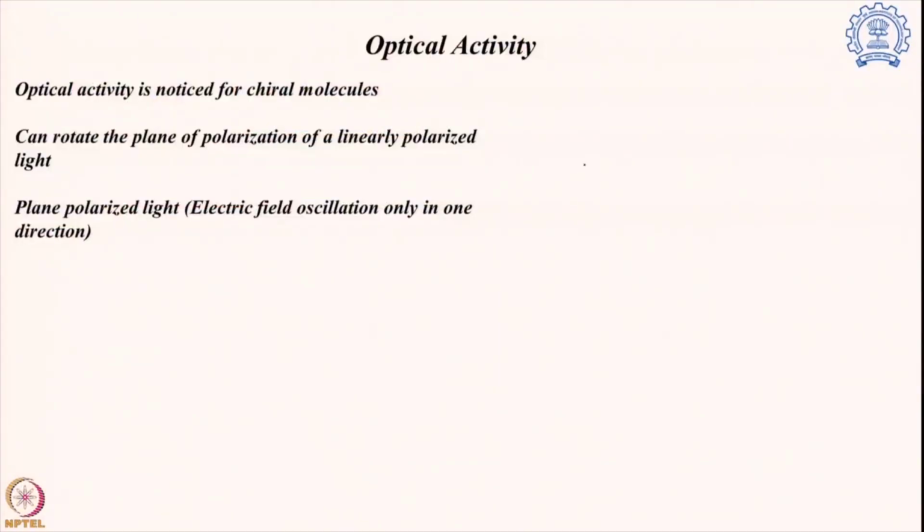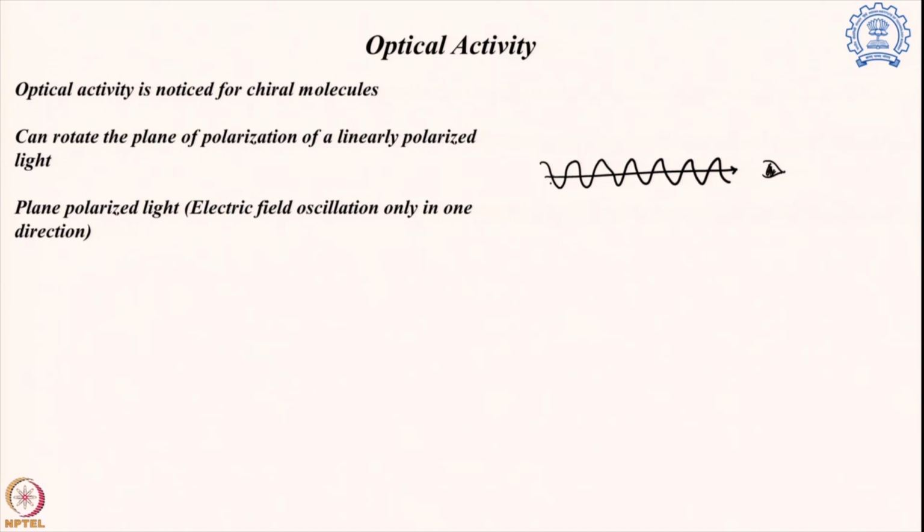When we talk about light, it generally travels in the form of a wave because it is an electromagnetic wave. This is how the light looks when it is traveling, if we look from the side. But if I look at it from the front, how would the light look?